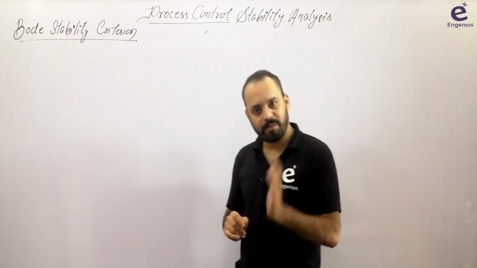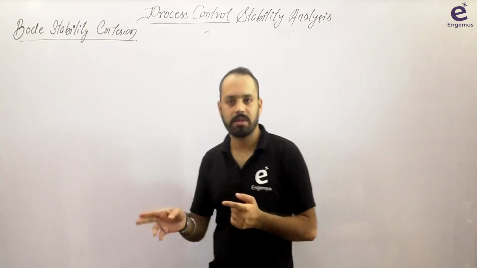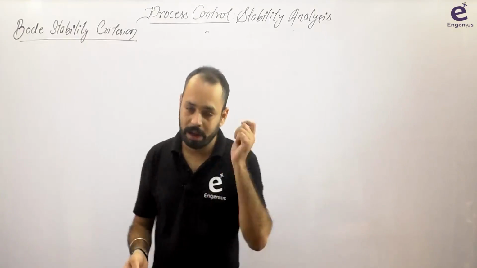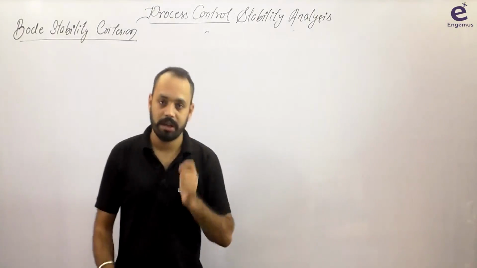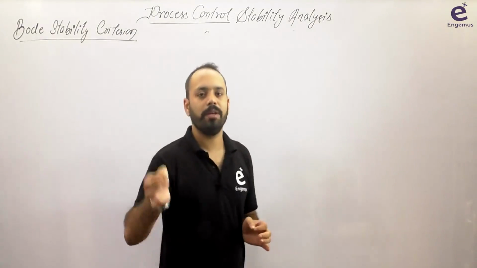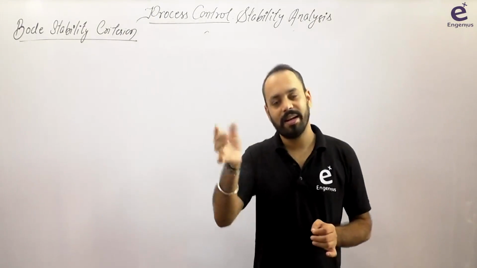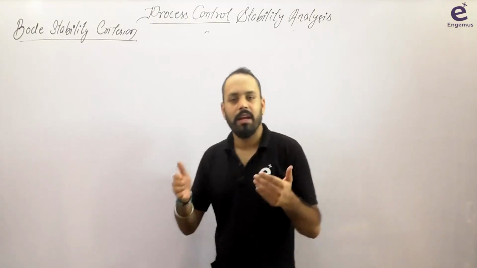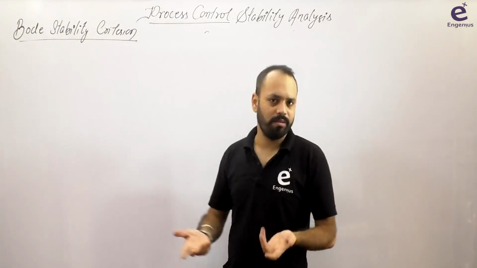If dead time is absent, then a first order system is always stable, and a second order system is always stable. That is why I wrote the line: in the absence of dead time, for a system to become unstable, its order must be greater than 2, not even equal to 2. Or you can say greater than or equal to 3, that is also fine.